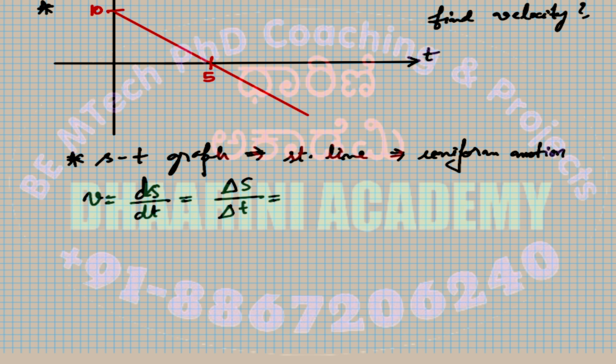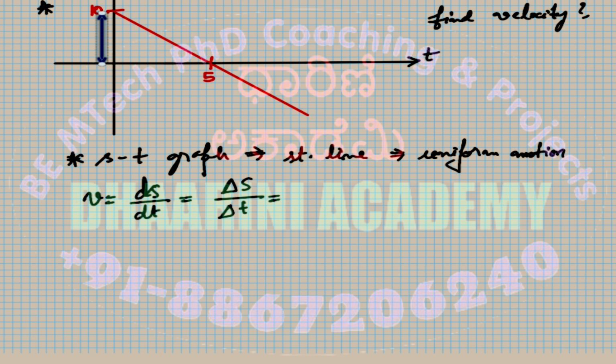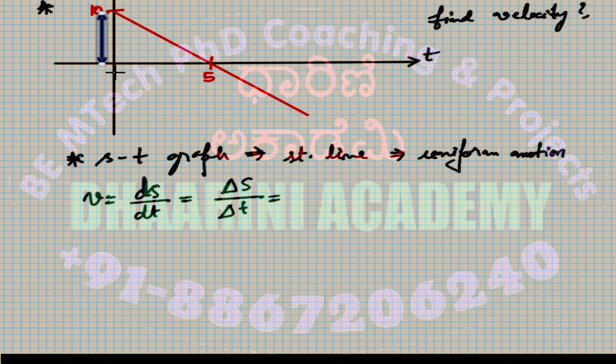You see here, let me mark the change in y. So the change in y axis is this much. The y value changes from 10 to 0. Within the same duration, the x value changes from 0 to 5.